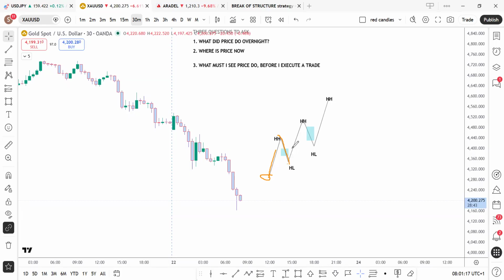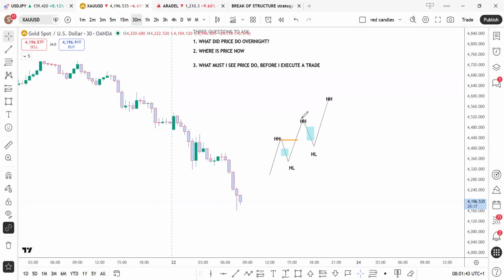From this low, it then moves up to a higher high. Why is this a higher high? It's a higher high because it's higher than this last high here, okay? By the time it does that, it gives us what we call a break of structure. Once it breaks this high here, that is a break of structure, okay?